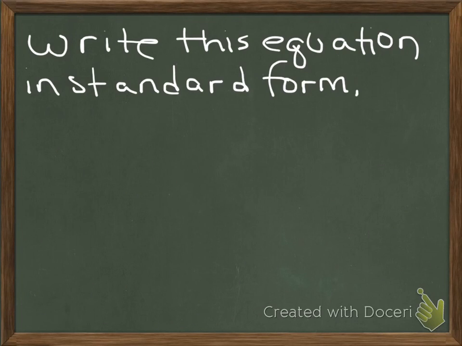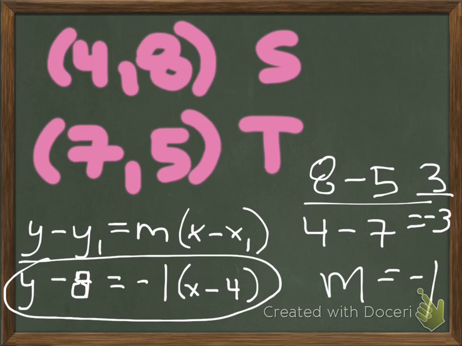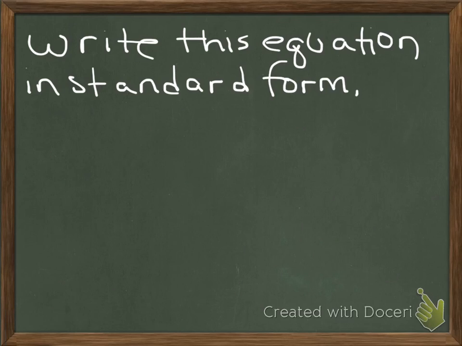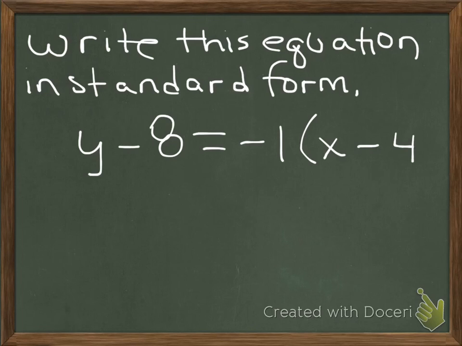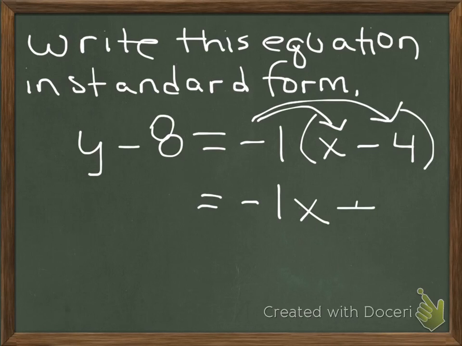And then I also need to write this equation in standard form. So I have y minus 8 equals negative 1 times x minus 4. We're just going to simplify this. So we simplify by distributing first, and then combining like terms.